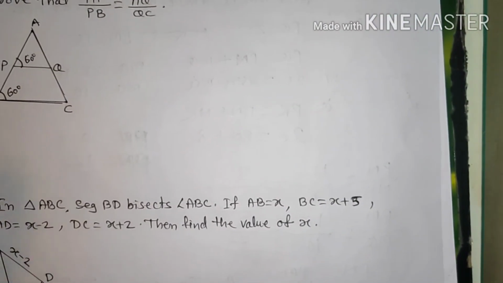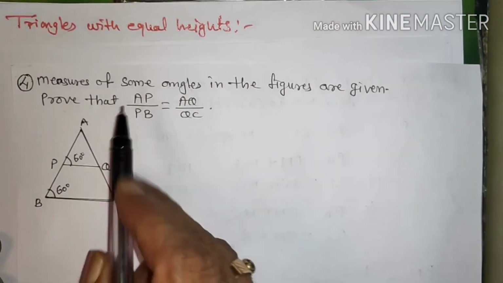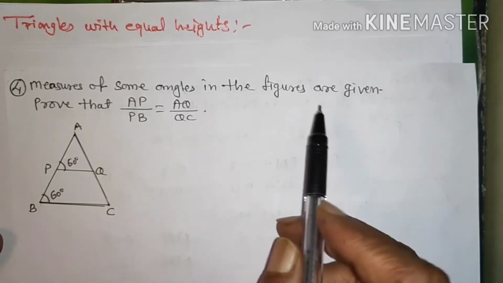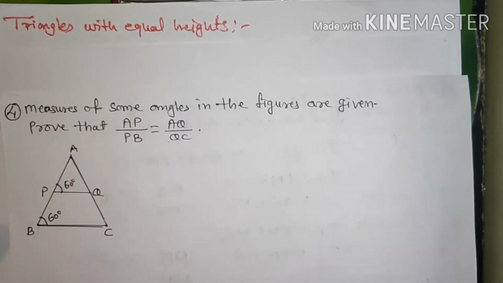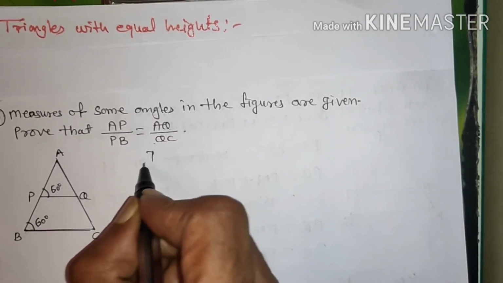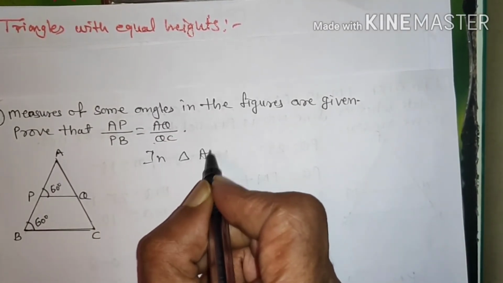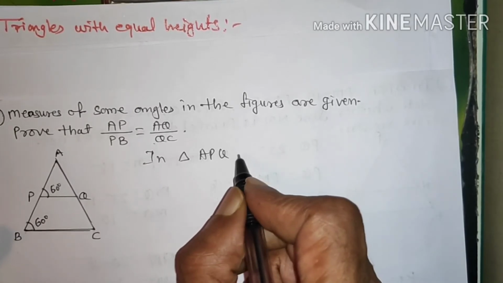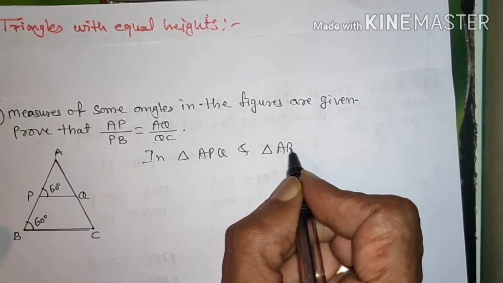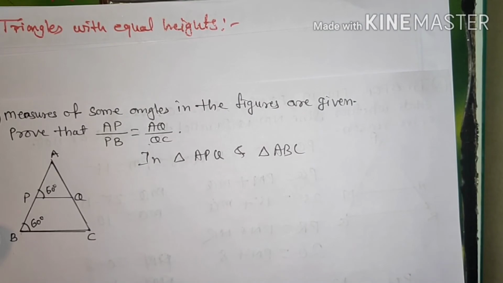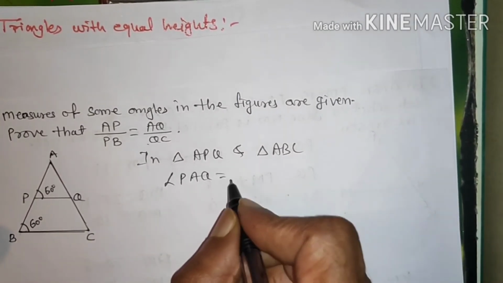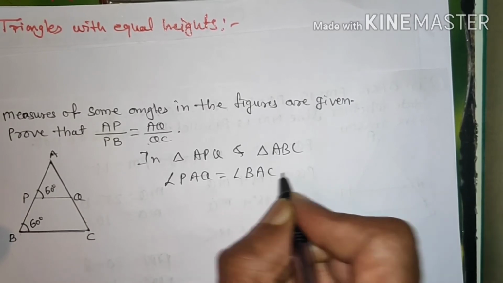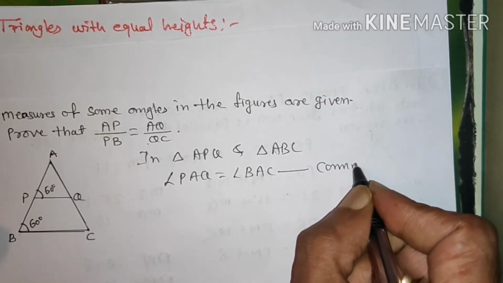Next one, fourth one, let us see. Measures of some angles in the figure are given. Prove that AP upon PB is equal to AQ upon QC. Very simple. In triangle APQ and triangle ABC, angle PAQ is equal to angle BAC, common angle.